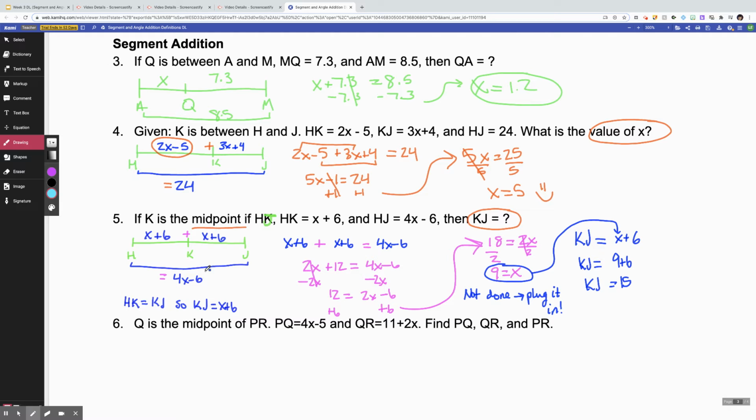Then they said HJ was 4x minus 6, so that's the whole at the bottom, and I didn't know what this was because they didn't tell me, but they did tell me that K is the midpoint, meaning that these two things, HK and KJ, have to be equal. So if one of them is x plus 6, then the other has to also be x plus 6. And once I know that, now I have everything I need for part plus part equals whole.